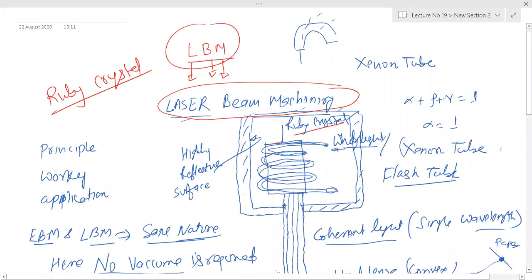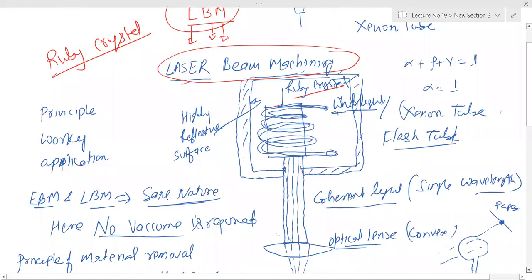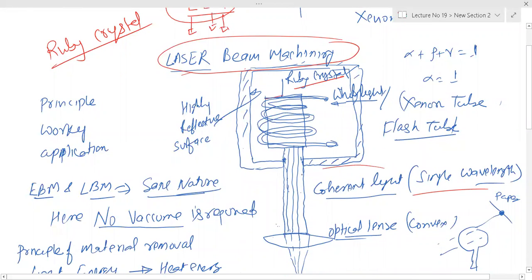So when light is passed through a xenon tube, I mean a flash lamp, basically this tube provides light to the ruby crystal, and once the ruby crystal gets that white light, it gets energized and emits coherent light, single wavelength, coherent light.